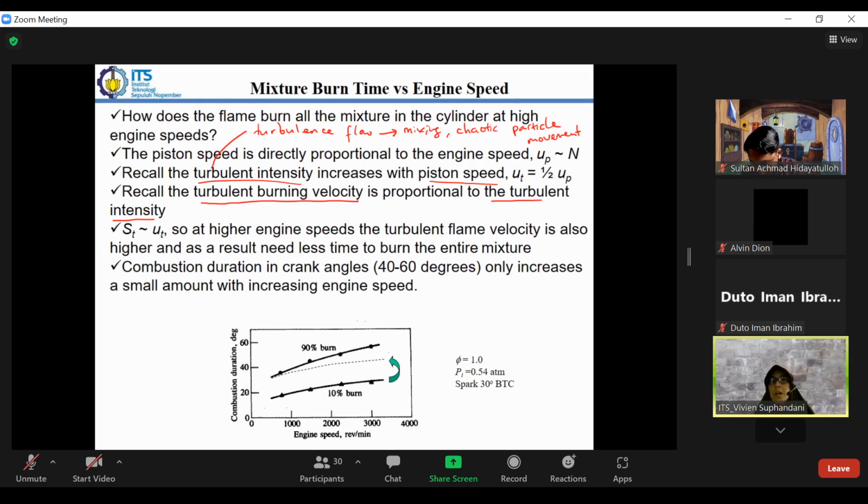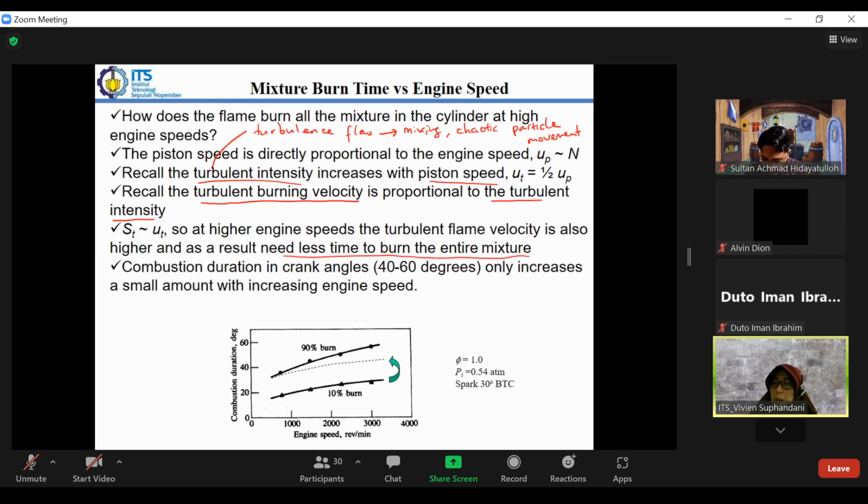So when we have higher engine speed, the turbulent velocity will be higher as well. And because the turbulent burning velocity, or the flame velocity, will be higher, it means that it will need less time to burn the entire mixture. So this is fortunate.